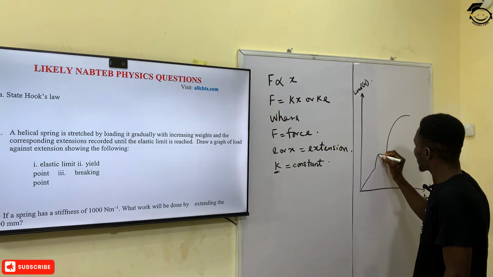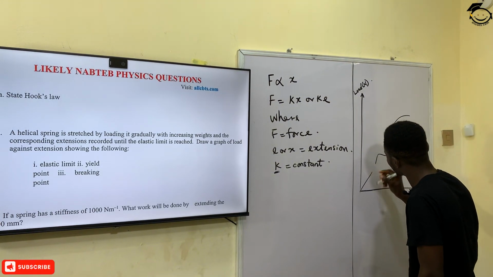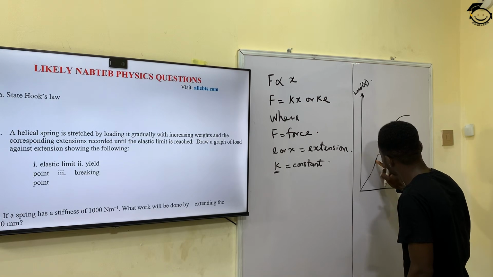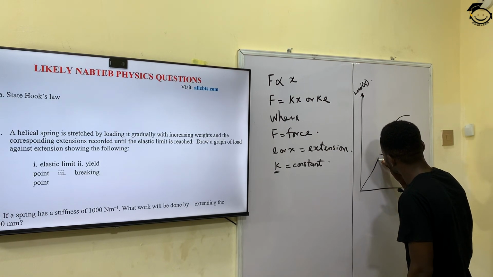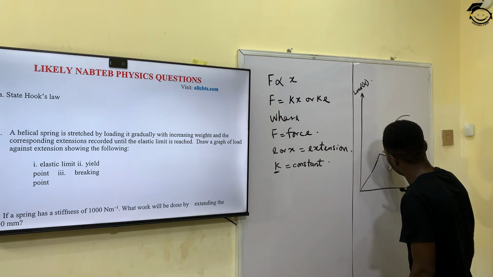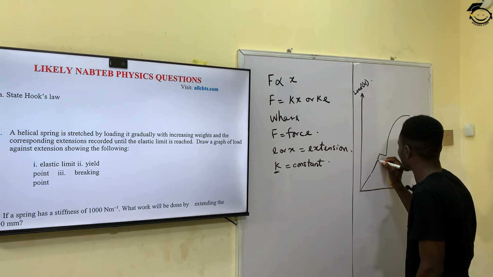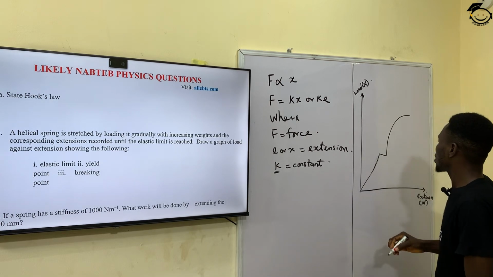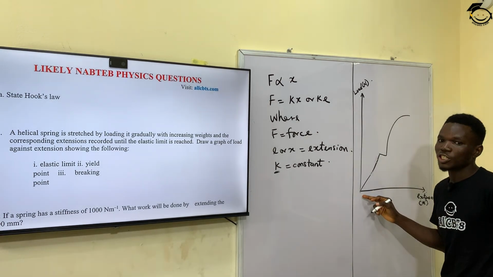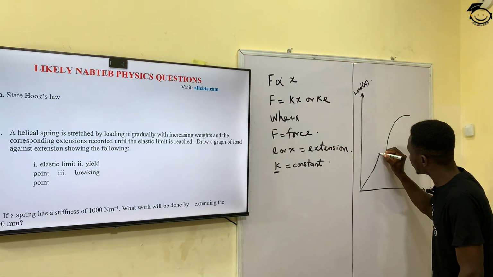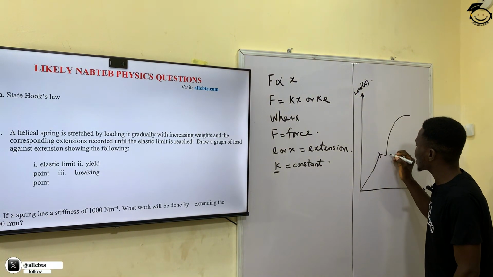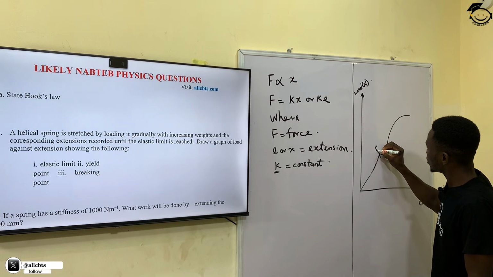So in this graph, you discover that when you start stretching an elastic material, it continues to increase until it gets to a point we call the elastic limit. So this is the elastic limit.